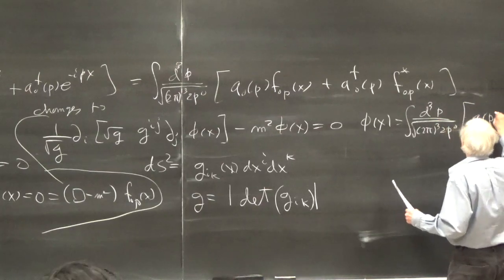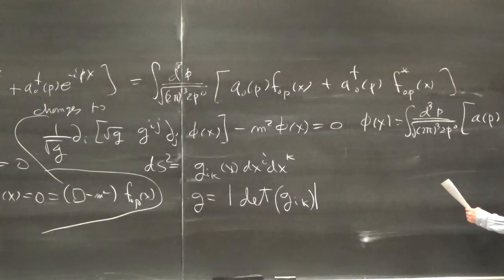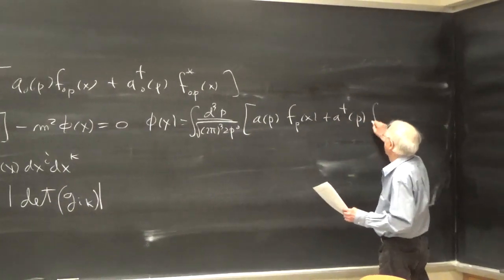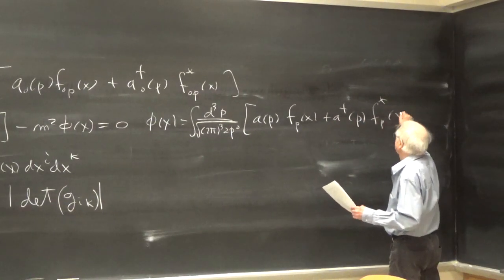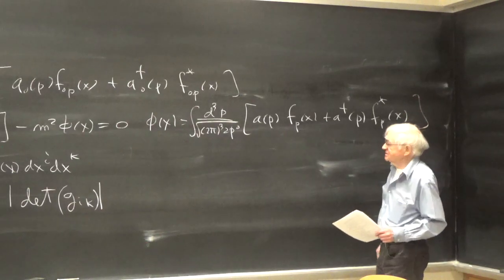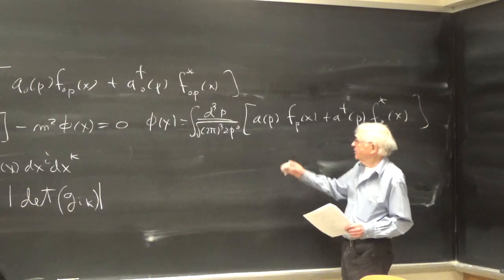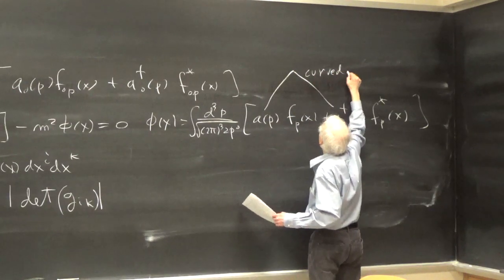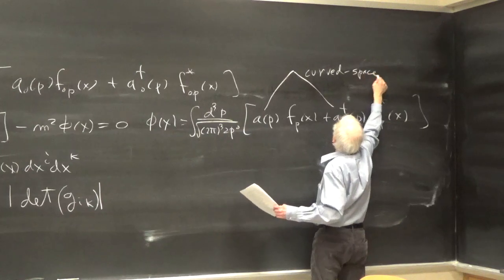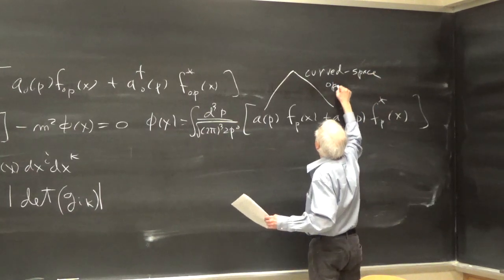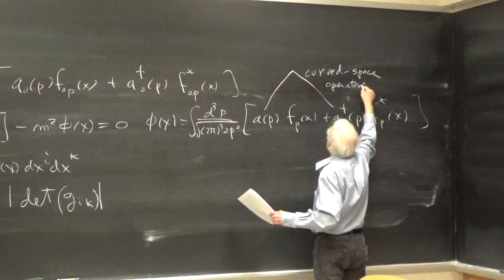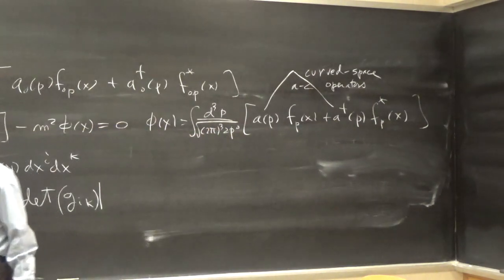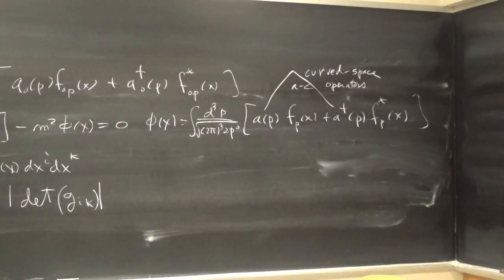And now I'm going to say a of p, f sub p of x, plus a dagger of p, f star p of x. So this is the field with curved space operators, AC operators. So AC here is annihilation creation.